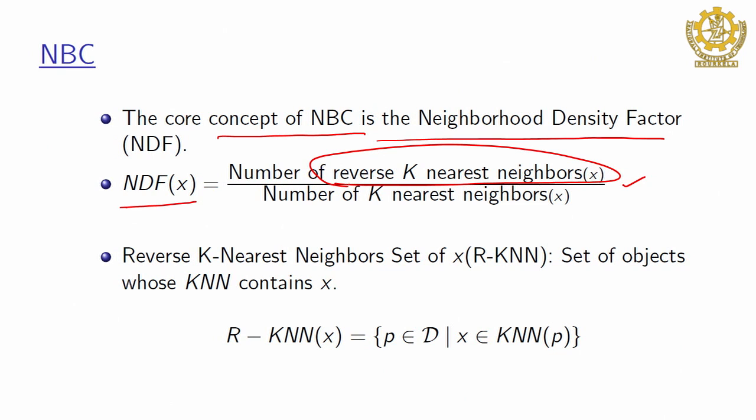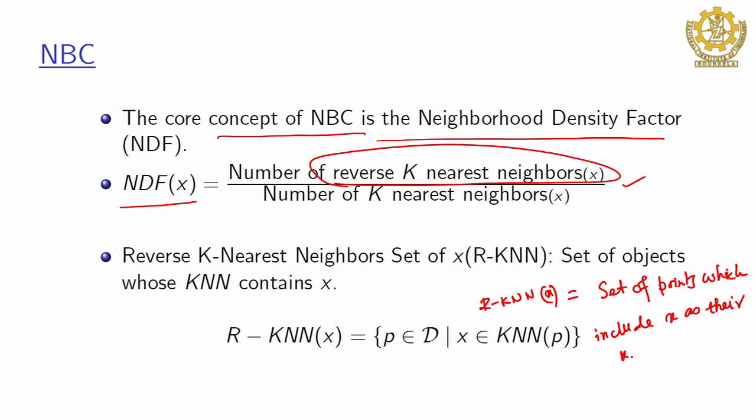We know the k nearest neighbor, now we need to understand what the reverse k nearest neighbor is. The reverse k nearest neighbor of a point x is nothing but the set of points, the set of objects, which include x as one of their k nearest neighbors.